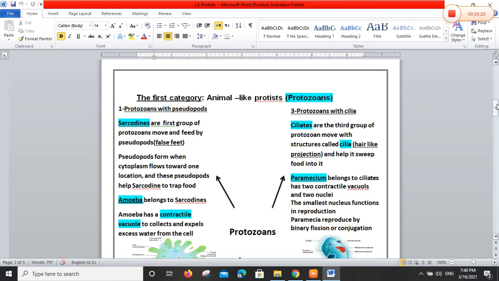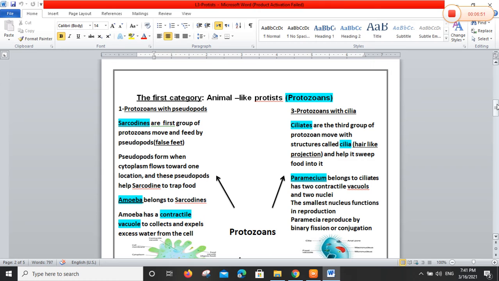What I mean by pseudopods is false feet. The group that moves with pseudopods is sarcodines. Sarcodines are the first group of protozoans. They move and feed by pseudopods.